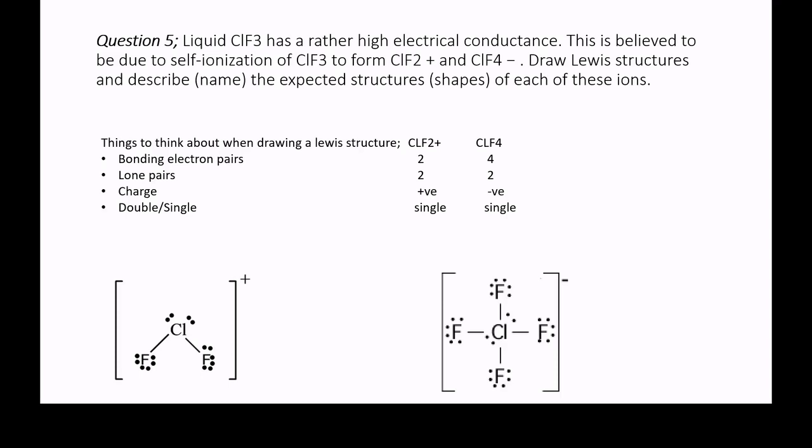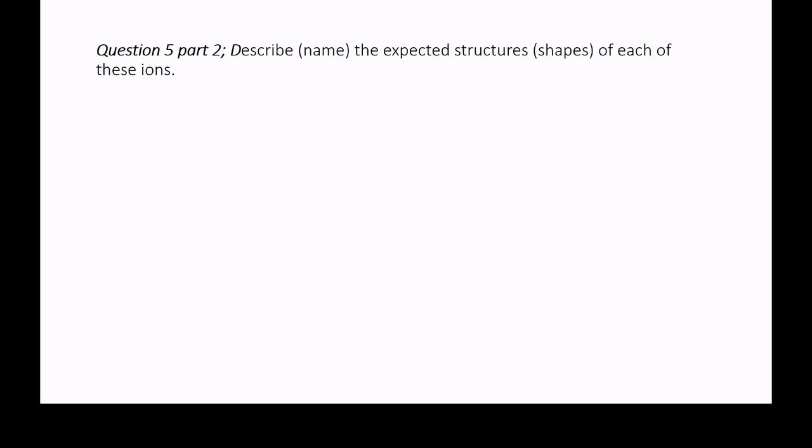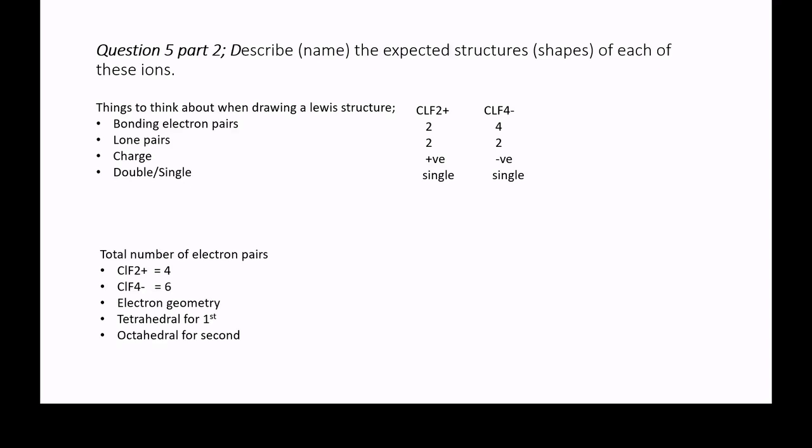Now, to name the expected shapes of each of these ions, we've got to think about these things once more. Now, the total number of electron pairs in each of the 2 ions. The first one has 2 bonding electron pairs and 2 lone pairs. It has 4 areas of electron density, or 4 electron pairs.